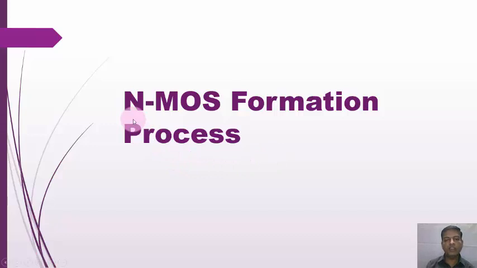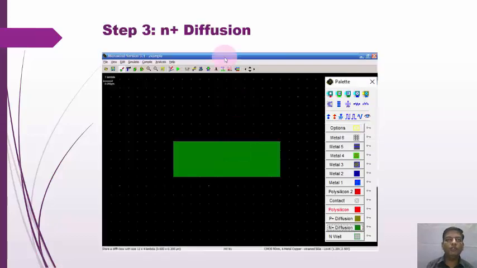Next, the NMOS formation process. How to form the NMOS? Here we first see how to form the NMOS. Step number 3, N plus diffusion. We have taken the second last one, that is N plus diffusion, the green color layer.